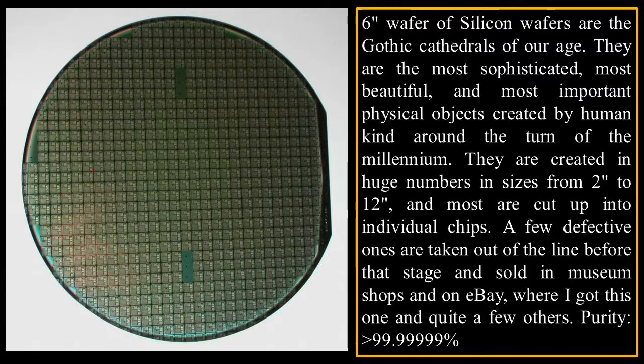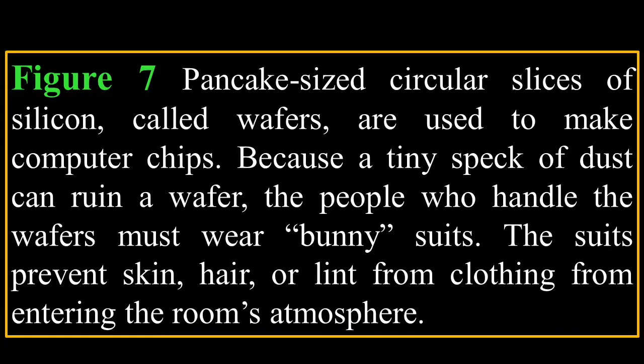A few defective ones are taken out of the line before that stage and sold in museum shops and on eBay, where I got this one and quite a few others. Purity greater than 99.99999.